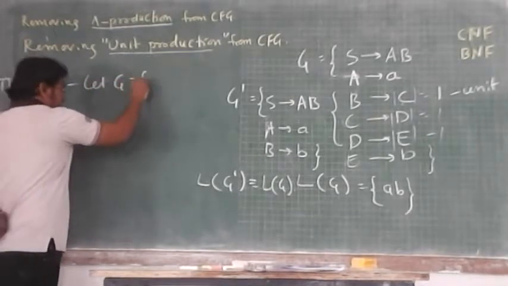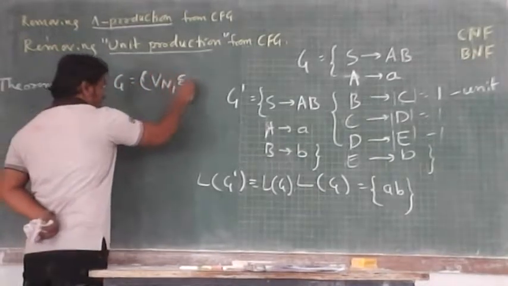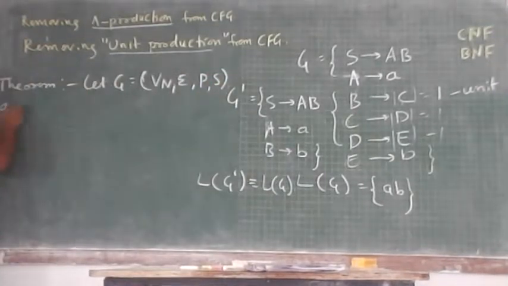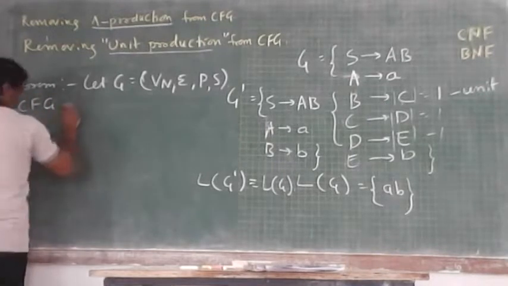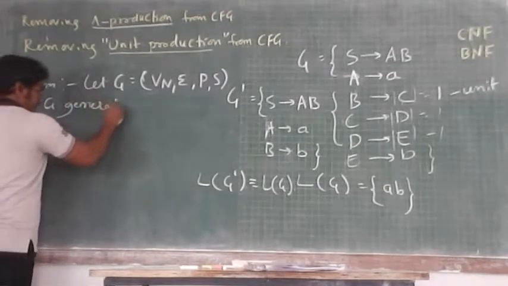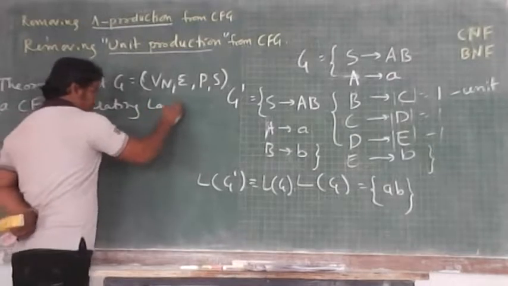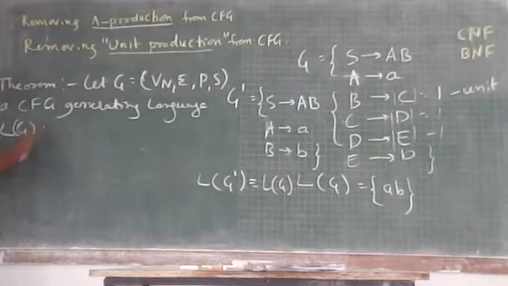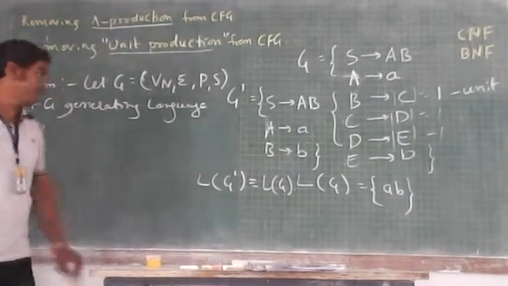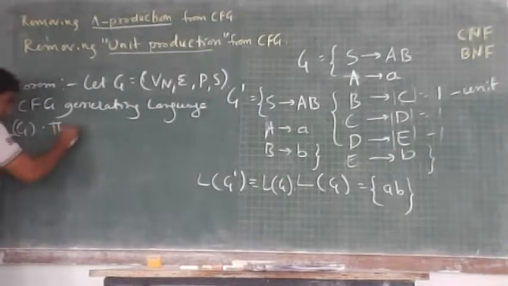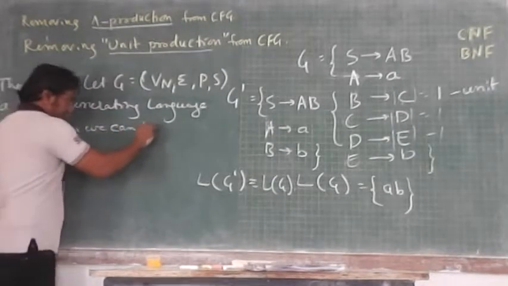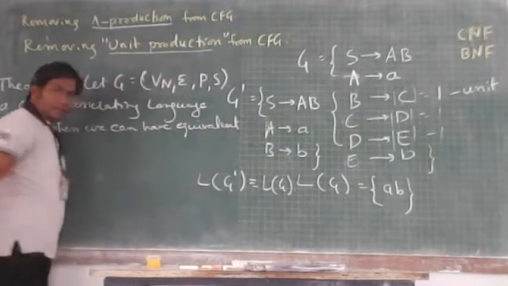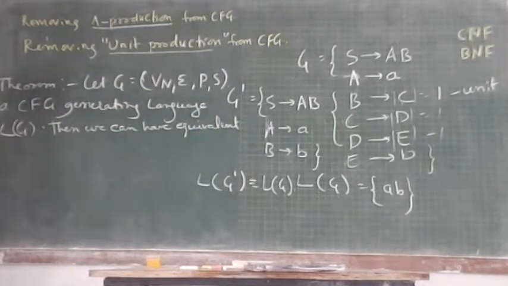Let G be the grammar (V, sigma, P, S), a context-free grammar generating language LG, then we can have an equivalent grammar. So if you observe, all of our definitions are similar.